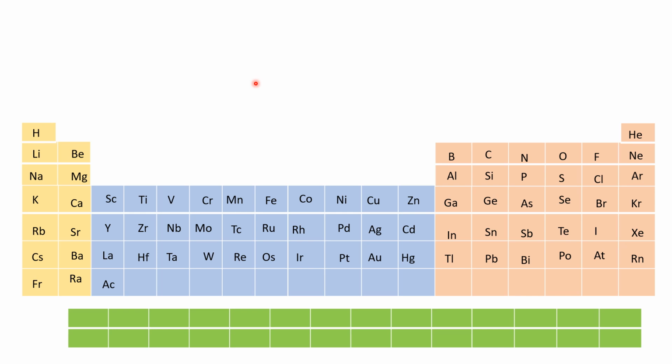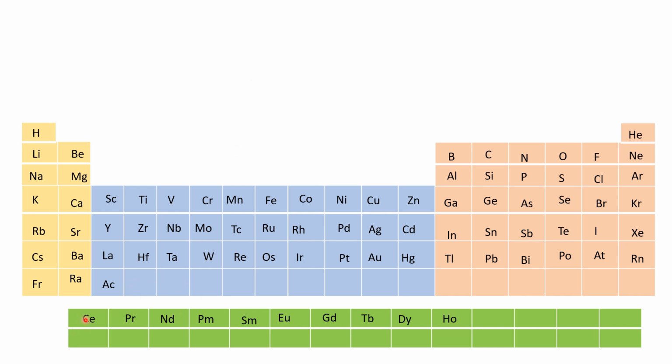After that comes this actinium, and following actinium in this period there are elements which are named after different scientists, and fewer questions come in our competitive exams from this series, so we are not making any sentence for these elements.